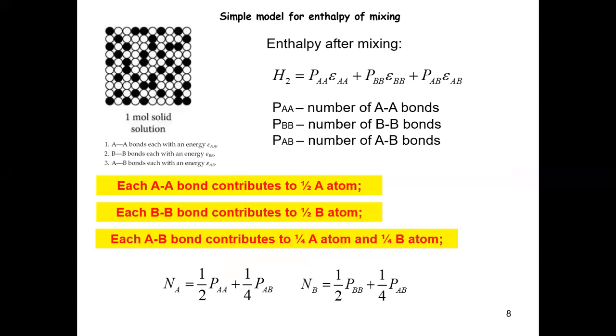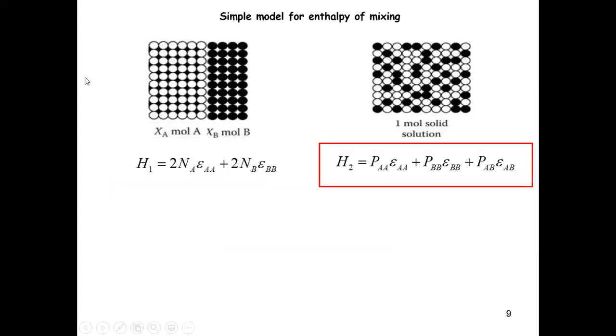So after that, what we could do is, this is for the demixing state, right? You find out this enthalpy for the demixing state, which is very straightforward, written as the number of AA bonds times the interaction energy for each AA bond, plus the number of BB bonds times the interaction energy for each BB bond.